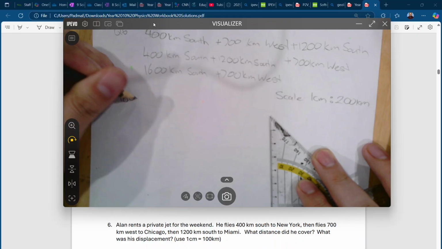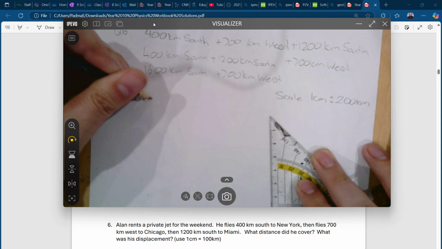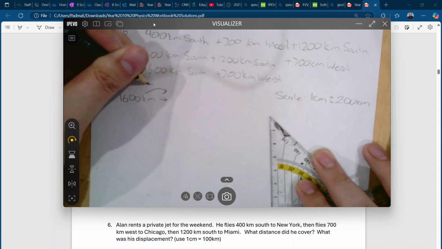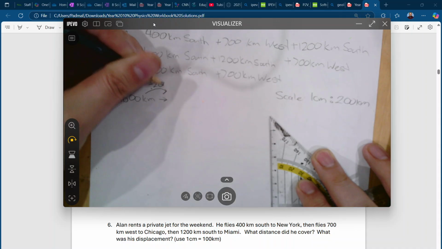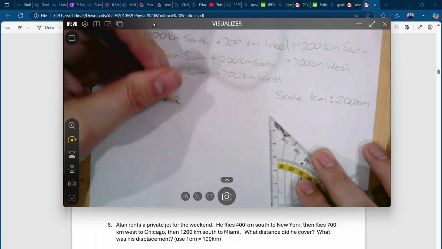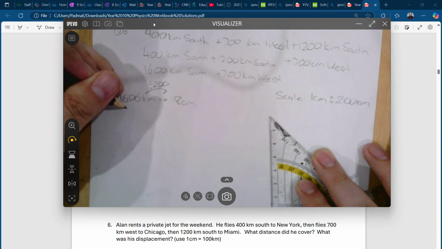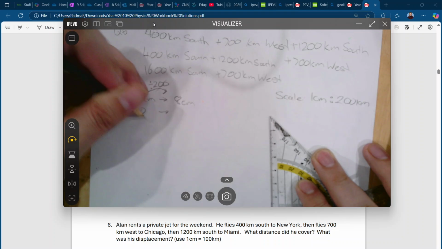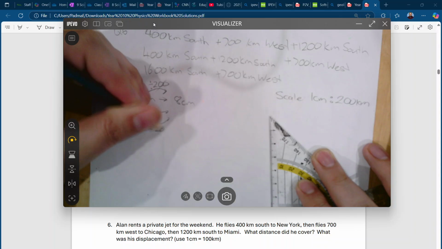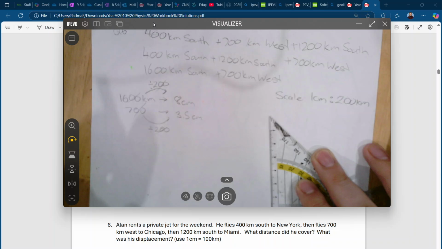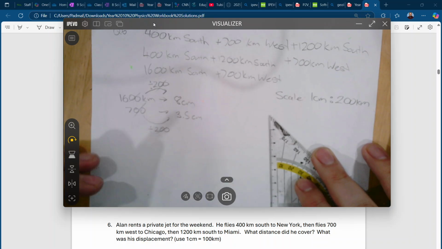Haven't done this for all my solutions, but since I'm doing the video, if I'm going to go and divide that by 200 for the sake of my scale, all right, so that's going to become 8 centimeters, and the 700, if I divide that by 200, okay, that's going to become 3.5. All right, so I should be able to fit that in the space I've got available on the screen here.